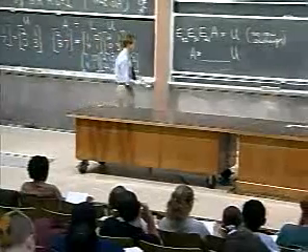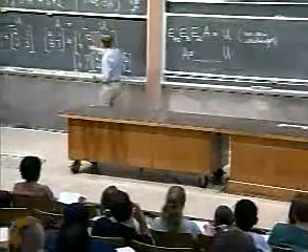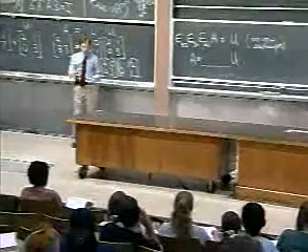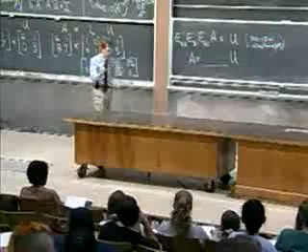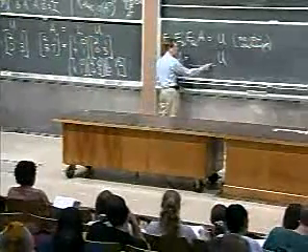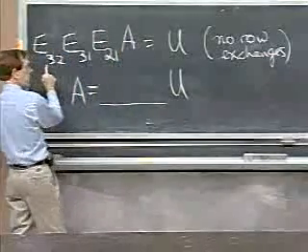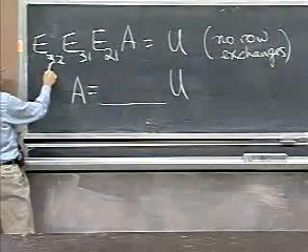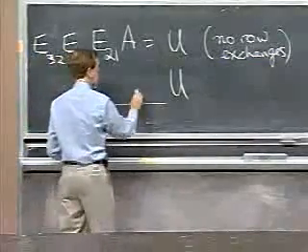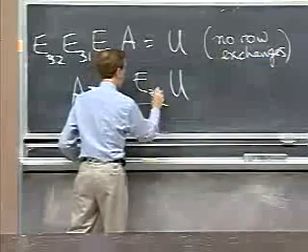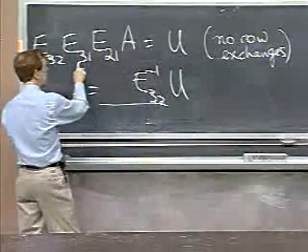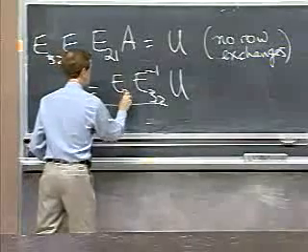So, that's what we know how to do. We know how to invert. We could take the separate inverses, but they go in the opposite order. So what goes here? E32 inverse. Right, because I'll multiply from the left by E32 inverse, and I'll pop it up next to U. And then will come E31 inverse.